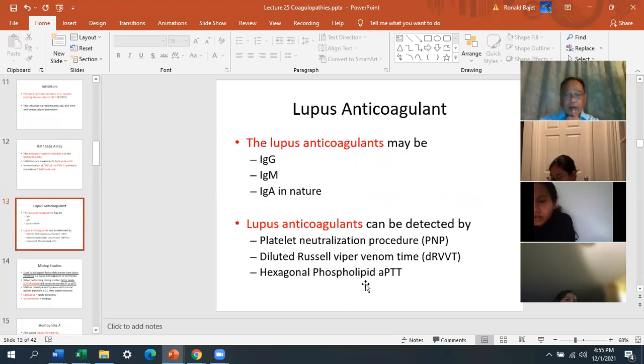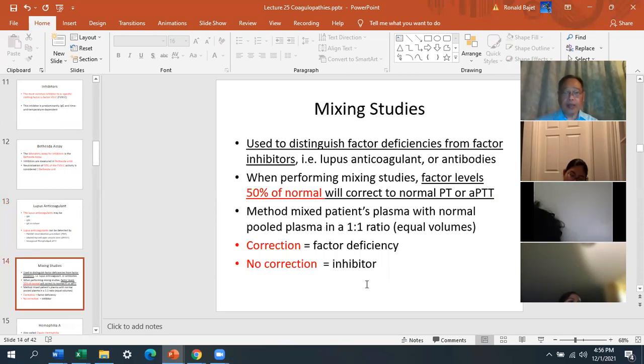The lupus anticoagulants can be either IgG, IgM, or IgA in nature, and they can be detected by these 3 tests. Again, you have to work in a coagulation specialty laboratory to be able to do these tests: the platelet neutralization procedure, the Russell viper venom time, and the hexagonal phospholipid APTT.